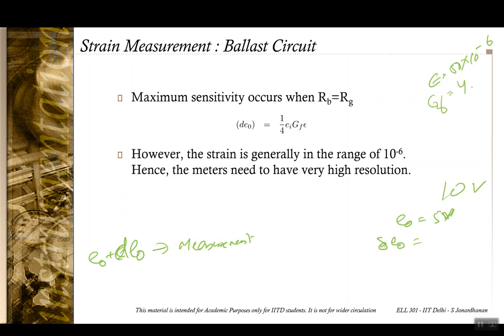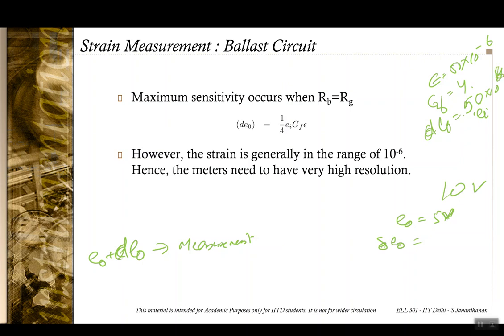And then let us say your gauge factor was 4. I am taking a typical case. So what you end up with is that your dE0 is going to be just 50 times 10 raised to minus 4 times your input Ei. 50 into 10 raised to minus 4 times 10 volts.